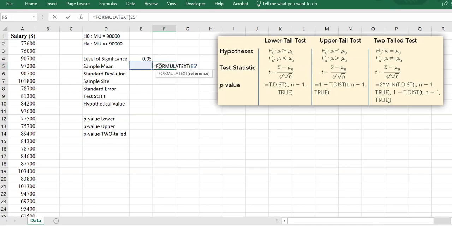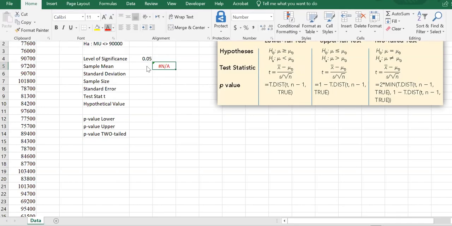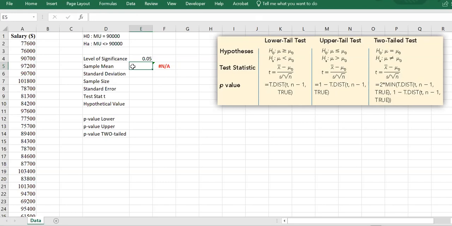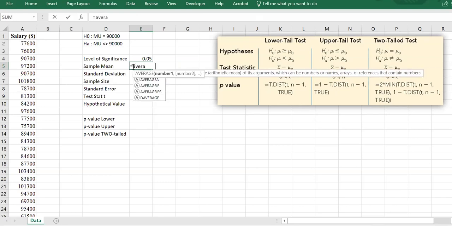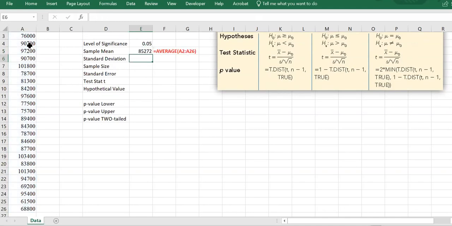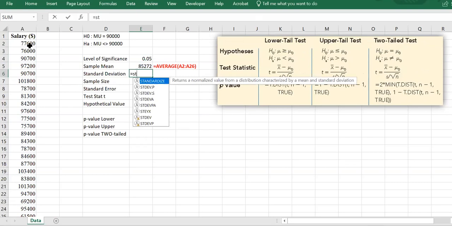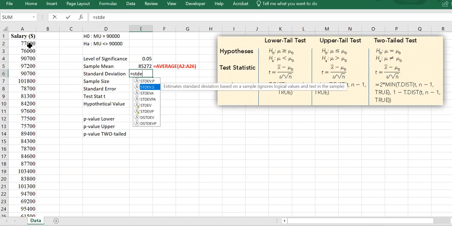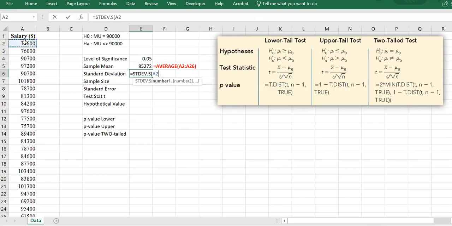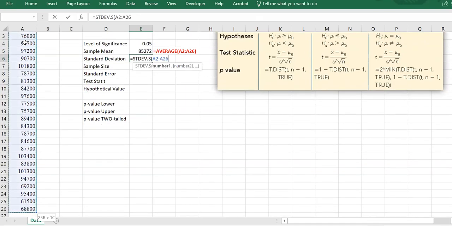Just to show you the formulas. Sample mean is going to be the average of the salaries. Standard deviation is STDEV.S of the numbers, Control Shift down.